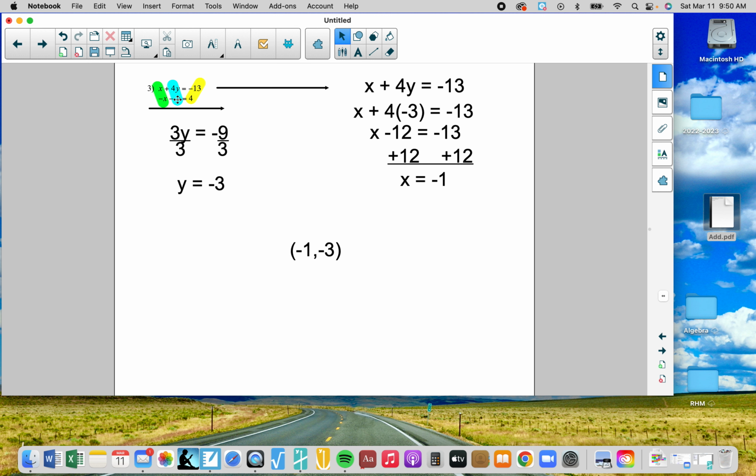The opposite of -3 is 3. 1 plus 3 is 4. That worked. We have -1 plus 4 times -3, which is -12. -1 and -12 makes -13. So great example of why we check our work and we just don't write the answers, because we would be wrong in a couple places. Mr. Mack made multiple mistakes.